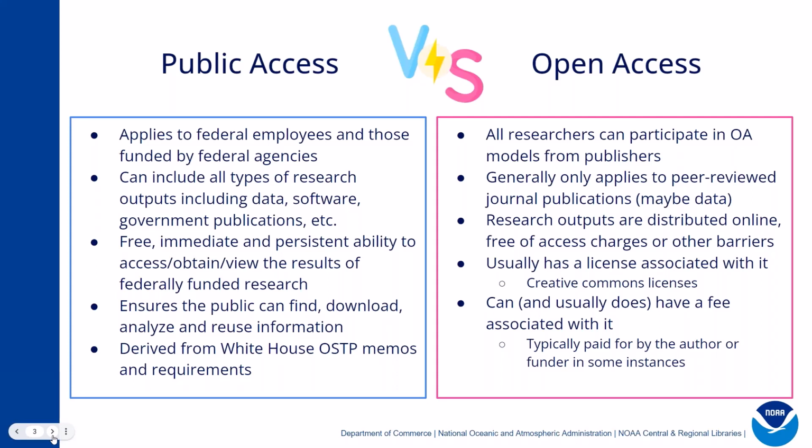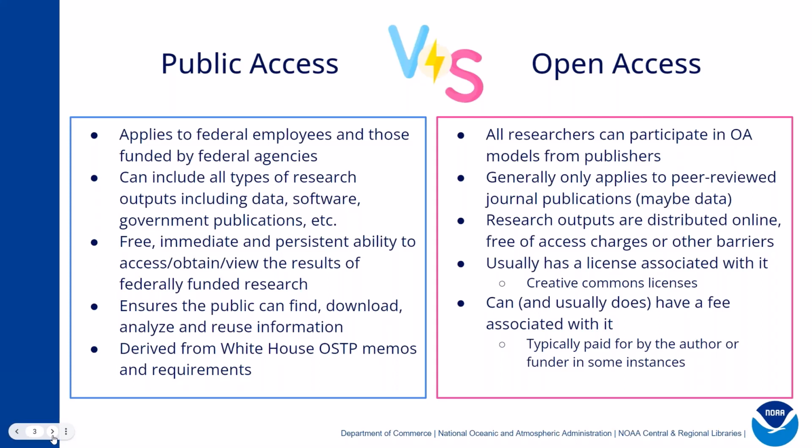Open access is just when those research outputs, specifically journal articles, are distributed online and are free of charge for folks to access. There's no barrier to people being able to get at those and read and download those articles. When we talk about public access, we're talking about ensuring that the public can find, download, analyze, and reuse all of that information.